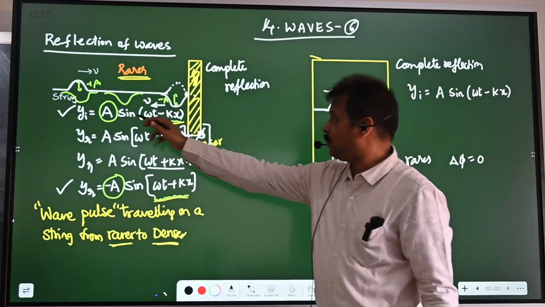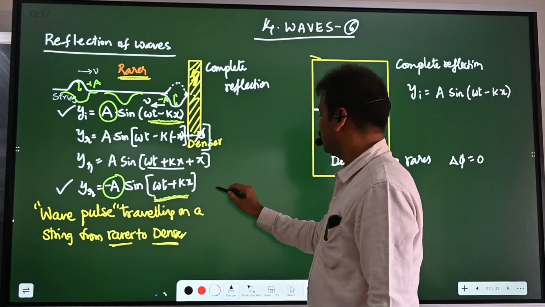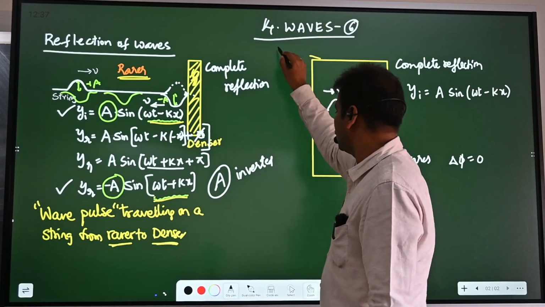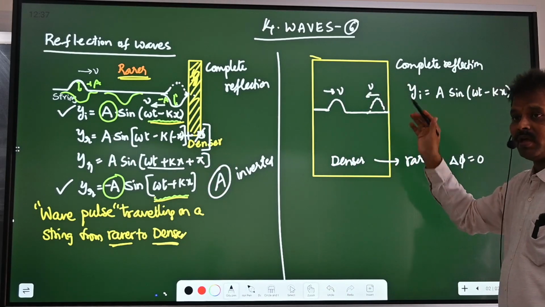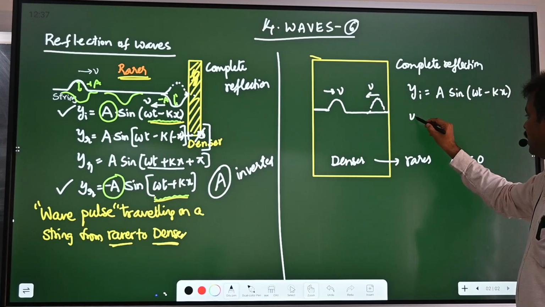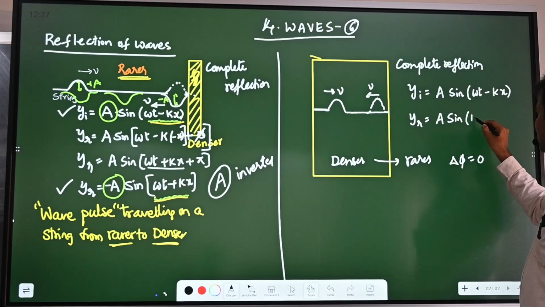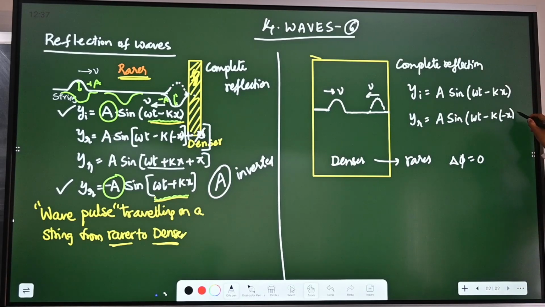Here the amplitude is inverted, right? From top to bottom. So here a is inverted. Here this is also a, not inverting. y reflected is equal to a sin(omega t minus k minus x). This is plus x, this is minus x, plus phase angle.